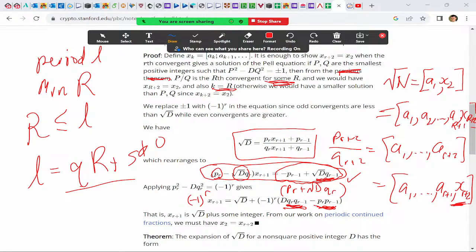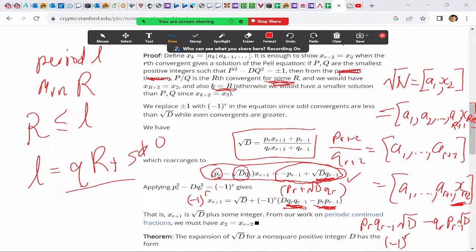Okay. There seem to be missing a few terms here. Supposedly the other stuff should just give you PR QR minus 1 root D, yeah, and then minus QR PR minus 1 root D. Okay, and then we do know that this expression here is equal to minus 1 to the R, yeah?